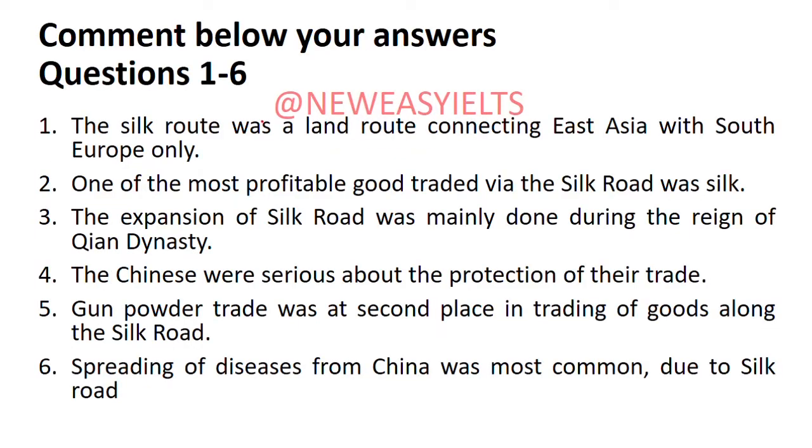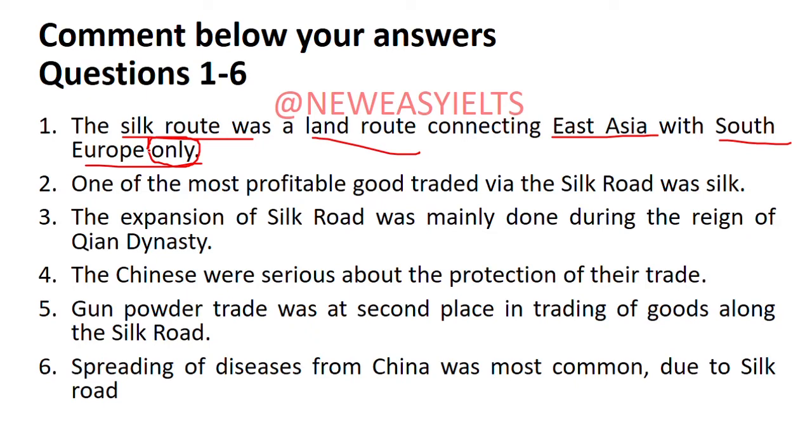Okay, so the Silk Route was a land route connecting East Asia with South Europe. We got the words Silk Route, land route, East Asia, South Europe. But remember, there is another word, which is "only". The word "only" is really important here, because if you forget it, your answer would be wrong.